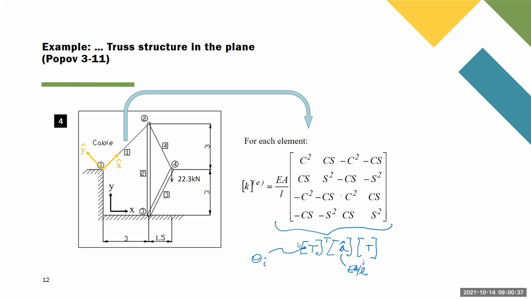So you multiply all of this, and at the end, you have all of this. So you have the EA over L here, and since here you have the angle, cosine, sine, this is the result. You don't need to learn this by memory.